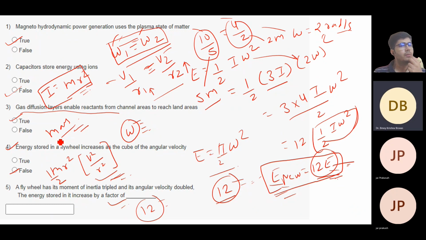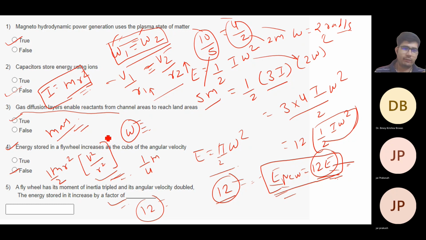Sir, in case of circular disk, in both the equations we can express the energy like 1 by 4 m r square omega square, right, sir? Actually, I have to check the details.